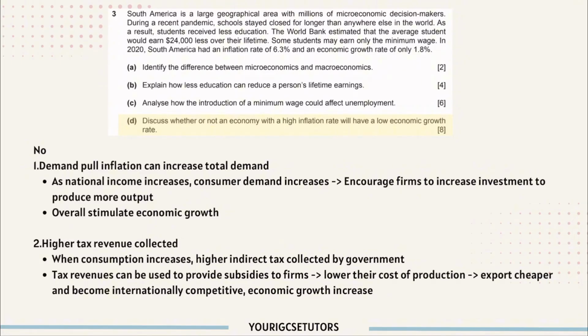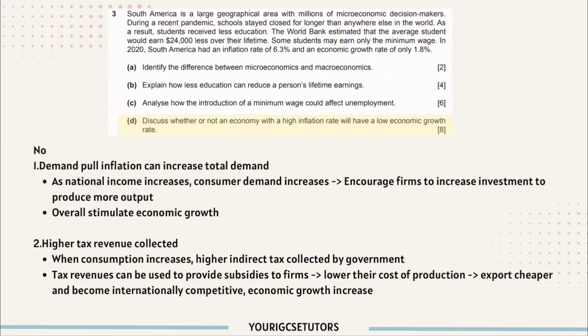Second point, when the consumption increases, there will be a higher indirect tax collected by the government. So these tax revenues can be used to provide subsidies to firms. So this is an example. There are many uses of tax revenue. For example, it can increase welfare benefits such as unemployment benefits, and in this case it is to provide subsidy to firms.